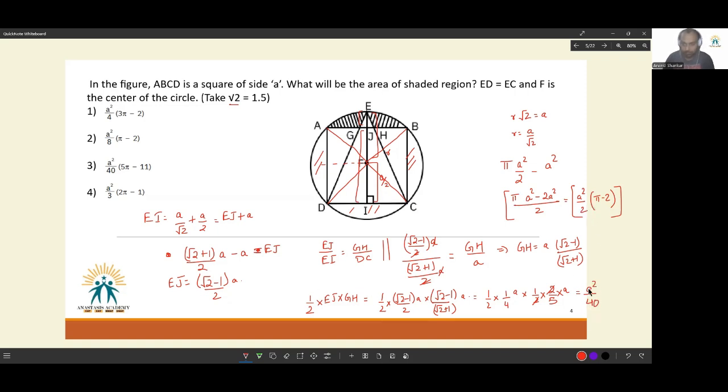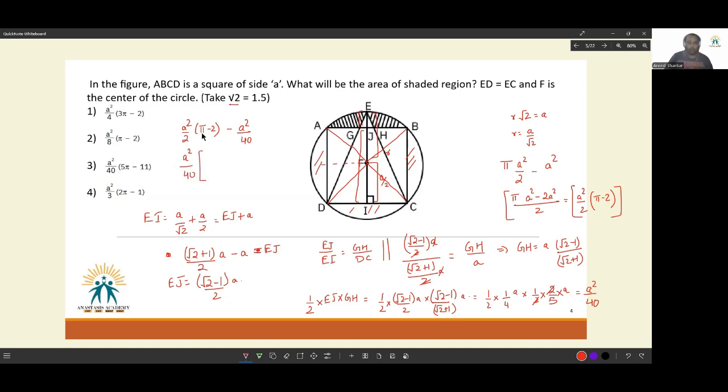So from this, I have to remove A square by 40 and I'll get A square by 2 (pi minus 2) minus A square by 40. So I can take A square by 2 out common, or I can take how much? A square by 40 out common.